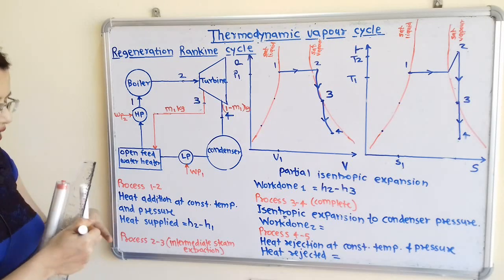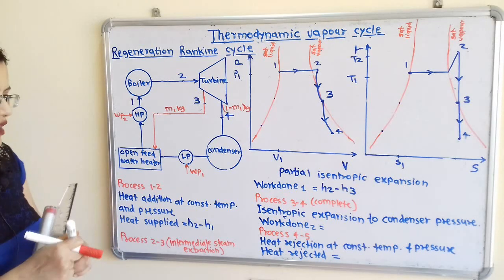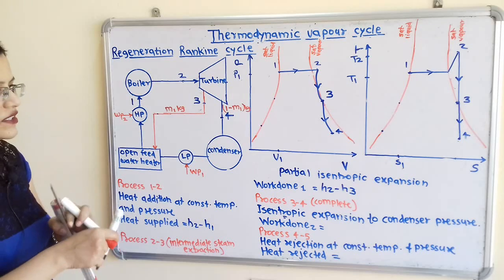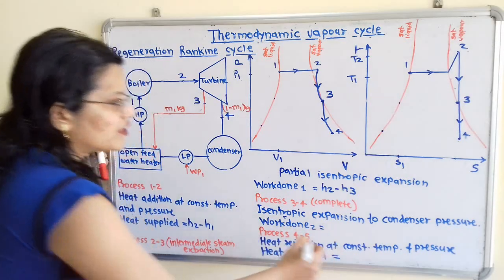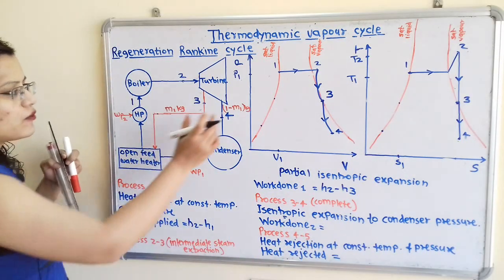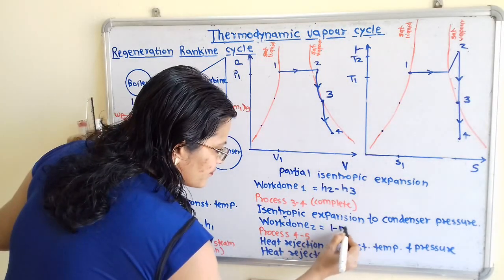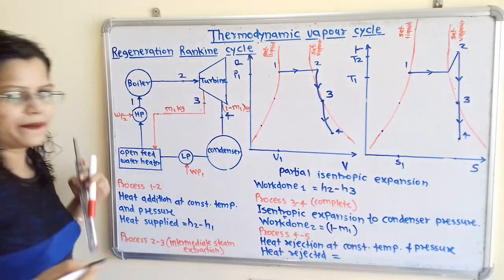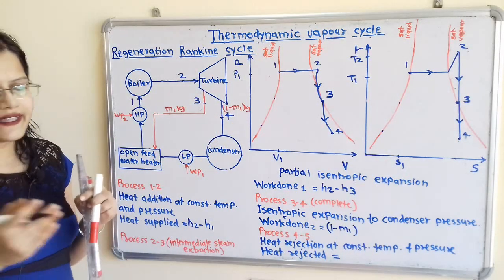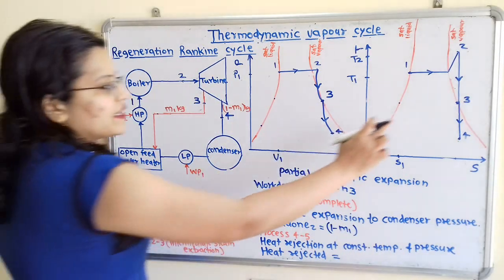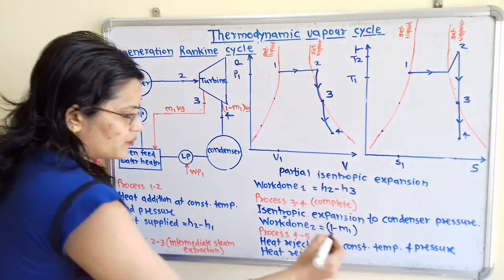So we have to take here 1 minus m1 kilogram during the process 3 to 4. So here work done 2 is equal to, we have to take this amount of steam, that is 1 minus m1, multiplied by change in enthalpy. So change in enthalpy, that is H3 minus H4.